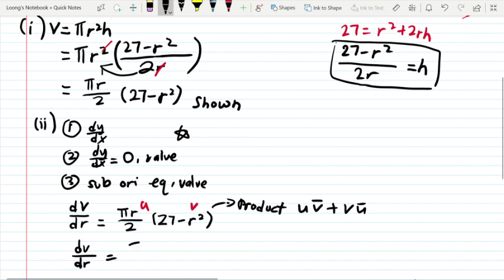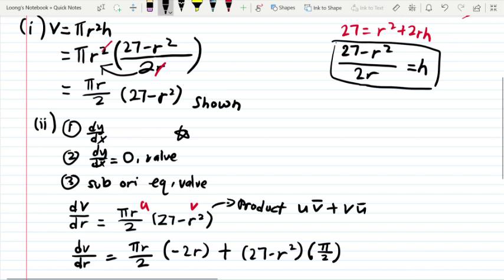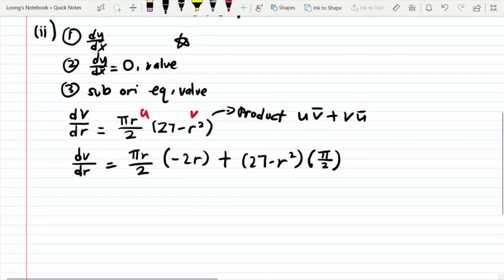The u here is πr over 2. The differentiation of v is actually, 27 is a number, so it can't be differentiated, so it's negative 2r. And we need to add it up with v, 27 minus r², and what we left. And now we need to differentiate u, which is actually π over 2.